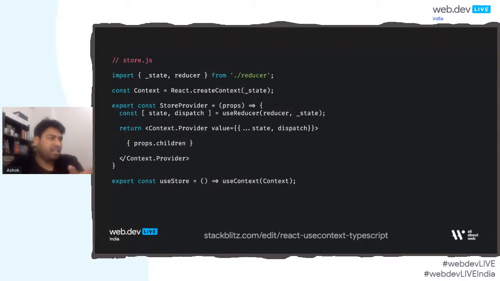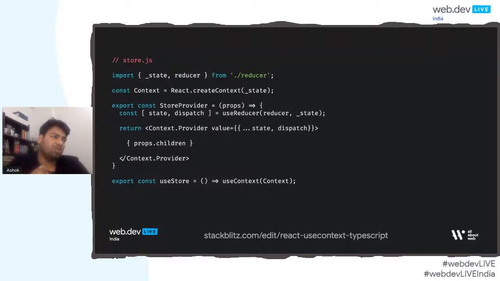The component which I'm exporting over here is called StoreProvider, and inside that StoreProvider component I'm using useReducer. So the reducer function which I created earlier is used inside that StoreProvider component.